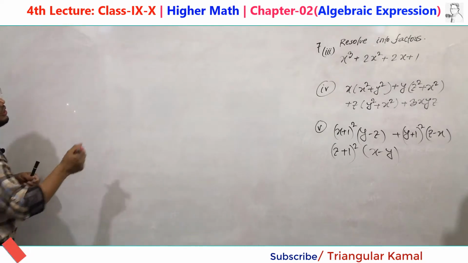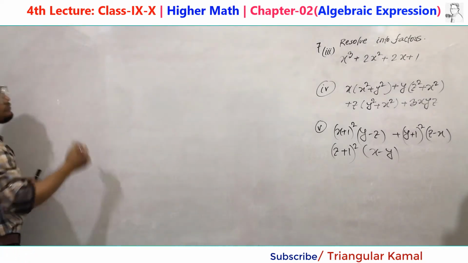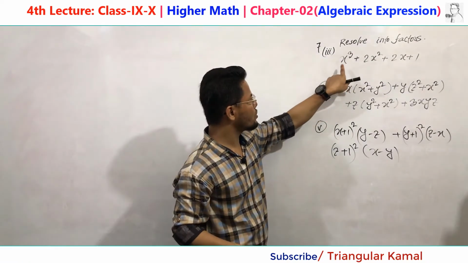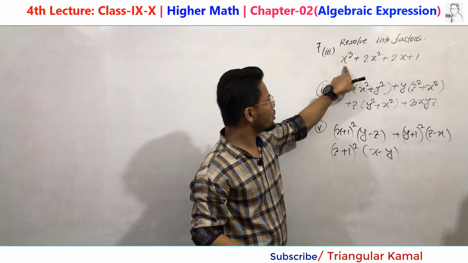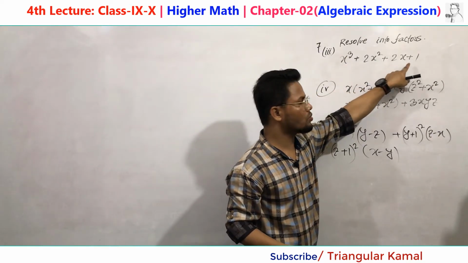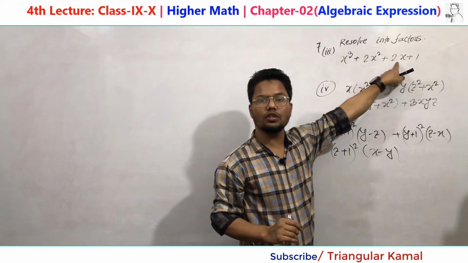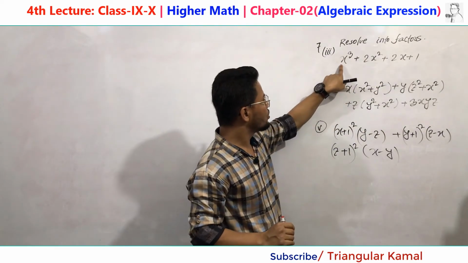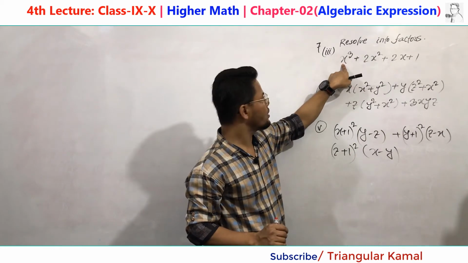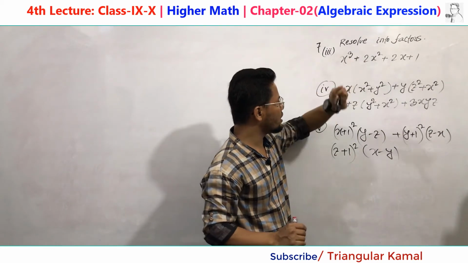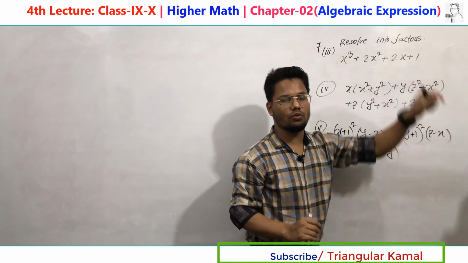The first one, resolve into factors: x cube plus twice x square plus twice x plus 1. This is a standard polynomial equation whose variable is x, the leading power is x cube and the constant part is 1.